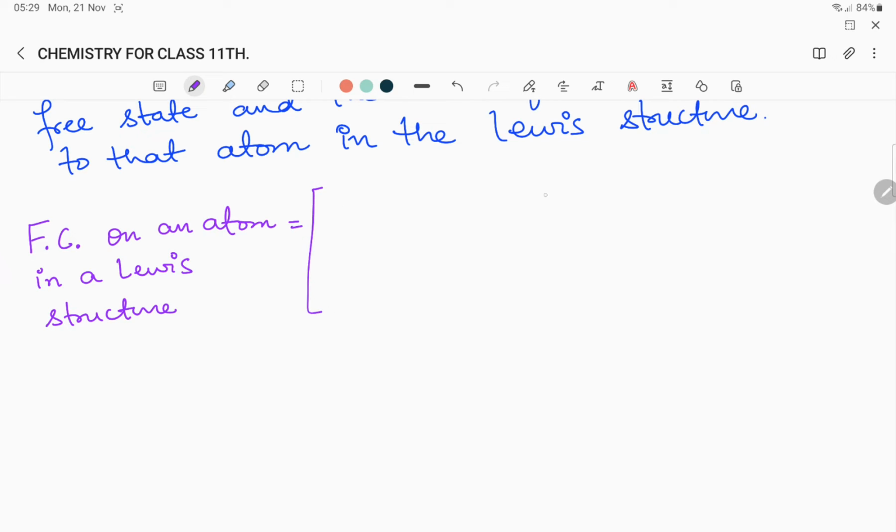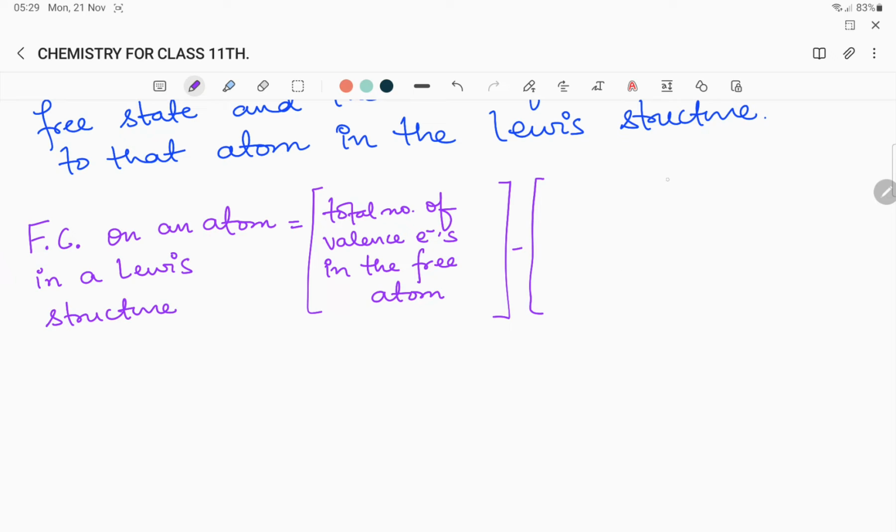The first thing is the total number of valence electrons in the free atom, minus the total number of non-bonding electrons.